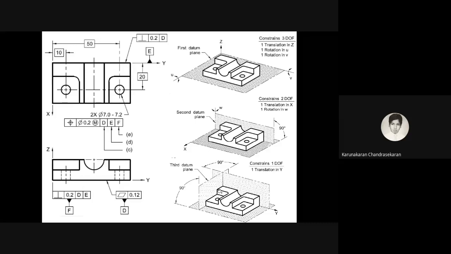So when you go for the three datum planes, you will find the constraints available. And if you find here, what are the constraints? It can move in one direction only, the positive direction, not the negative direction. And these directions are arrested, and the back direction, the positive direction, is allowed.